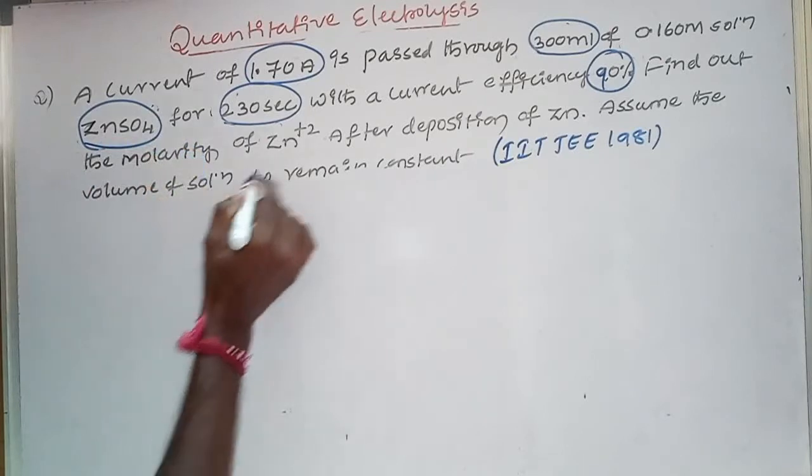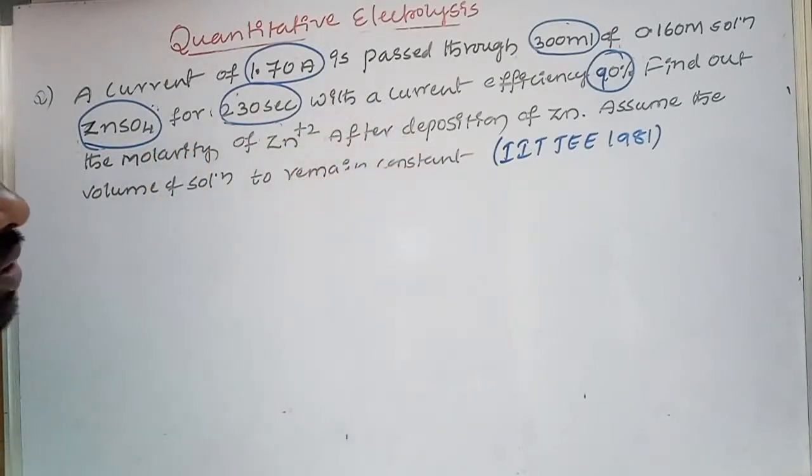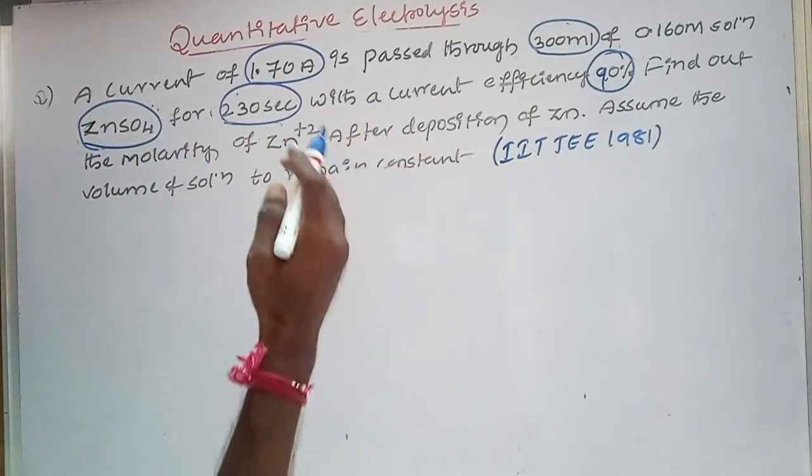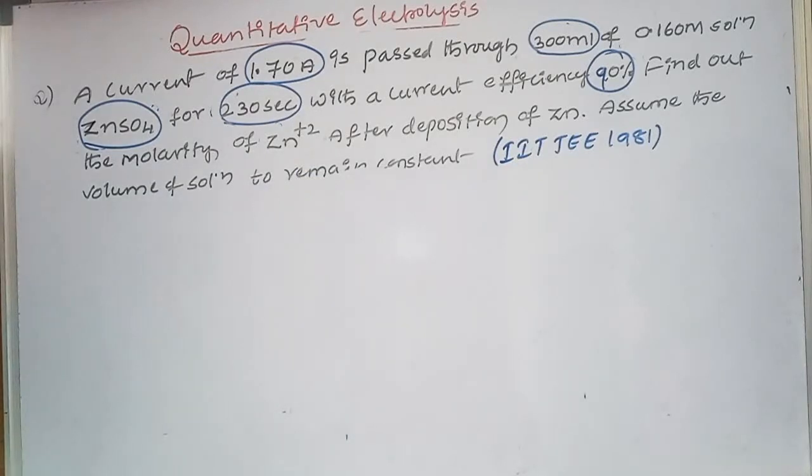Find out the molarity of Zn+2 after deposition of zinc, and assume the volume of solution remains constant during electrolysis. So they are asking after electrolysis, what is the concentration of Zn+2 in the solution?